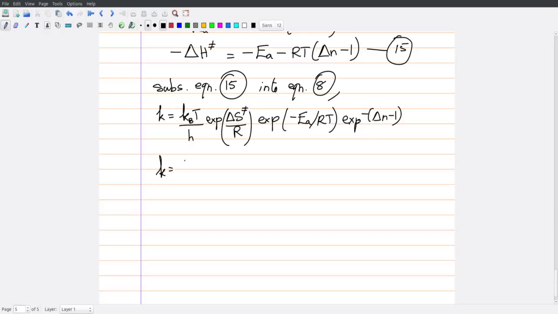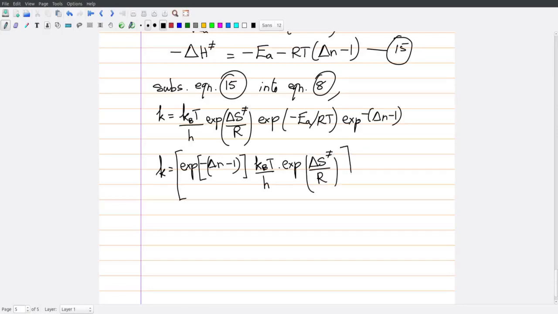So k equal to exponential minus delta n minus 1, so let me put a square bracket here, into kBT by h into exponential delta s by r into exponential minus EA by RT.